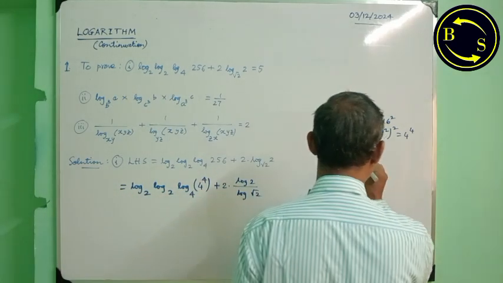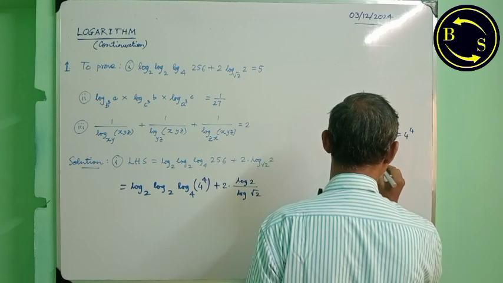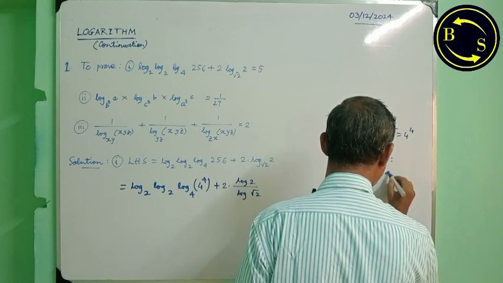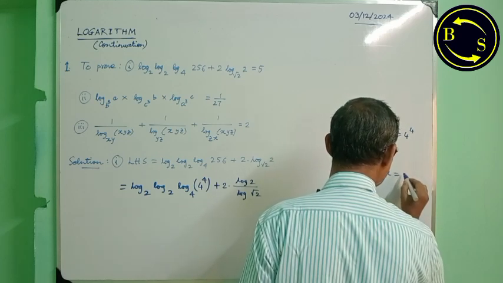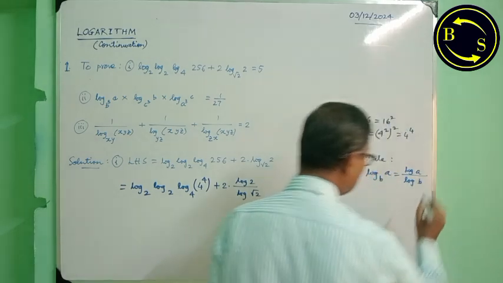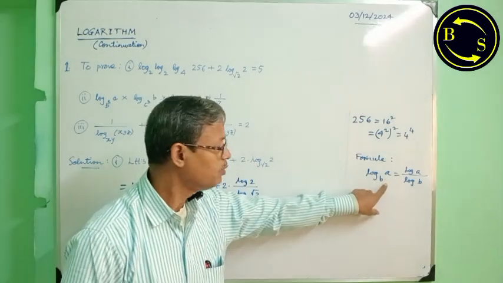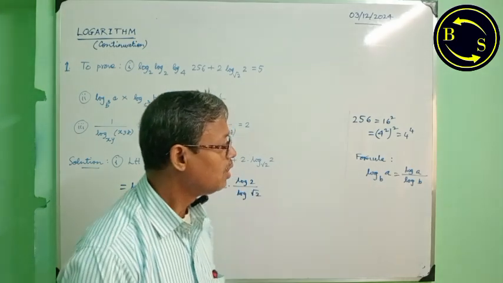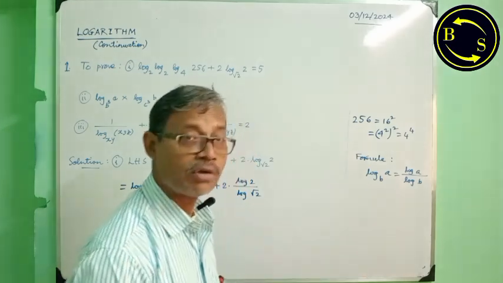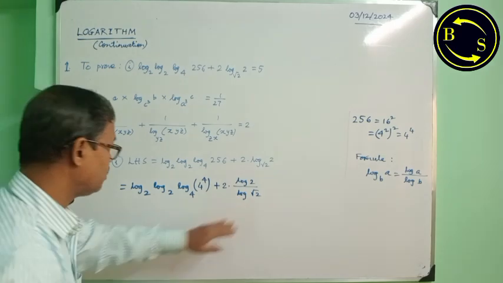As formula, log of a to the base b equals log a by log b. I have used this formula, log of a to the base b is equal to, in the fraction form, where numerator is log a, denominator is log b. Already I deduced that formula in the earlier class. I have written here like this.